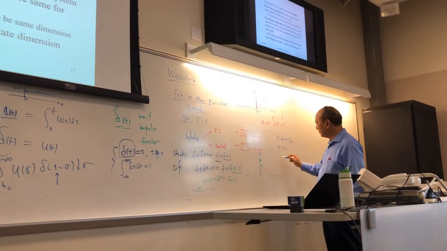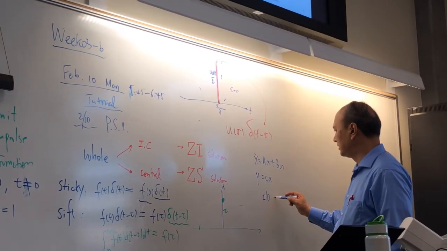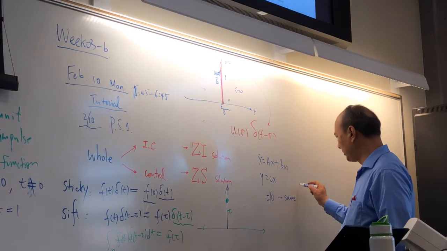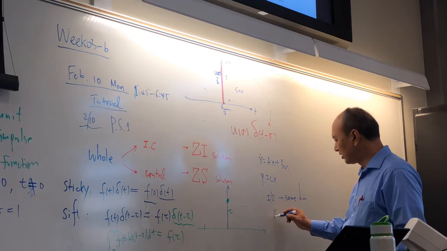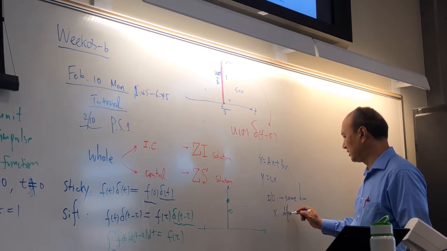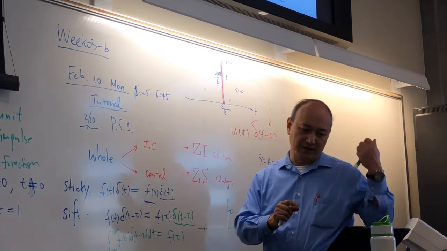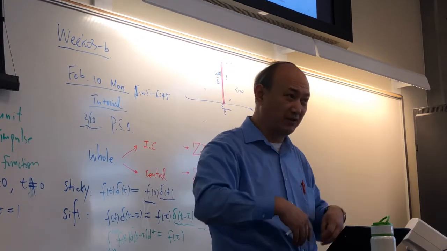So if your input and output are the same dimension, but your internal states could be different. That's what this one is trying to say. So you have a single input, single output system. Your internal state could be different.